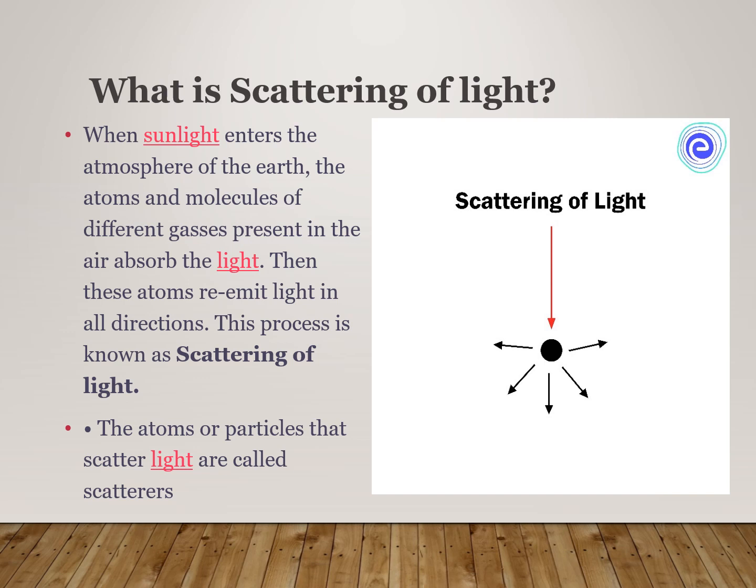This process is known as scattering of light. The atoms or particles that scatter light are called scatterers.